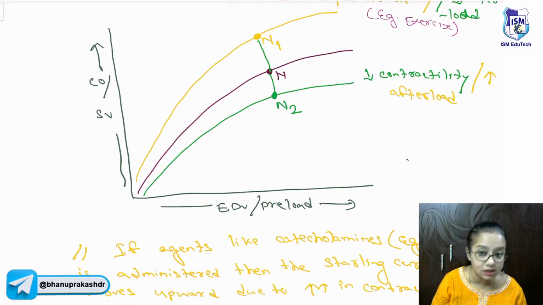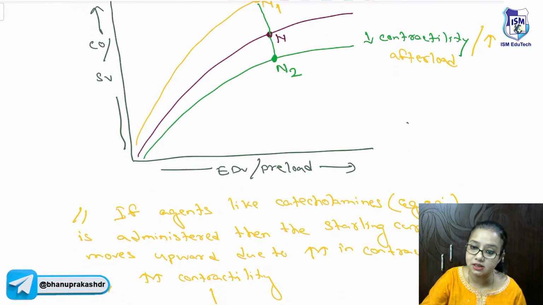So by these two curves, the first line that we started with, that increase in preload makes the heart pump more blood, and increase in contractility also makes the heart pump more blood, and vice versa. This curve actually proves that.